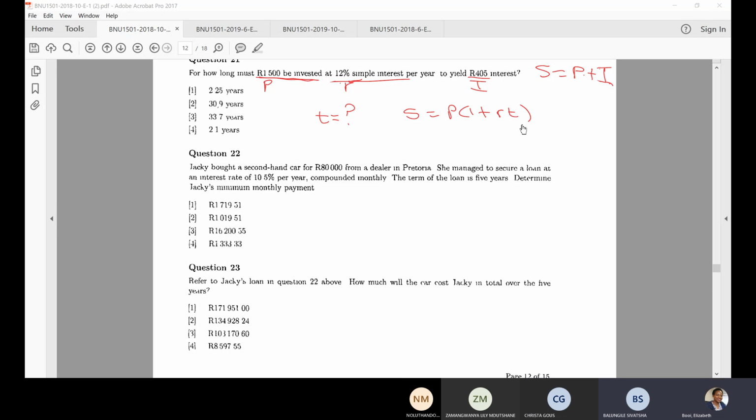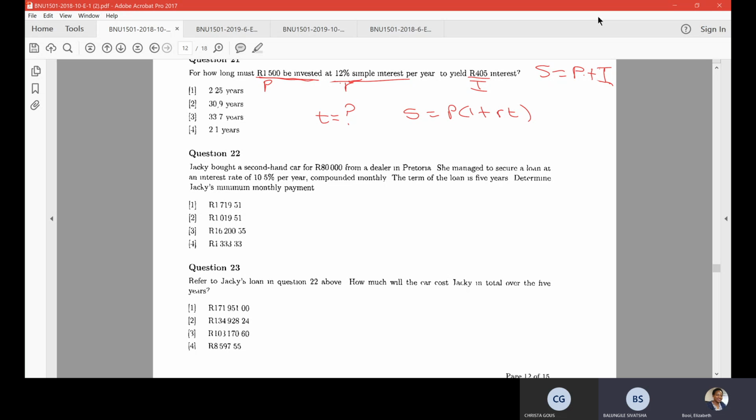How do we then answer this question? Anyone? Let's start first by substituting the values.